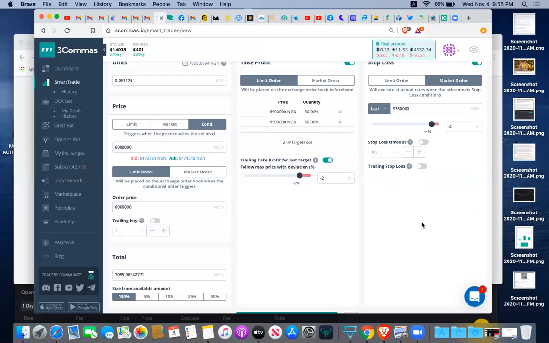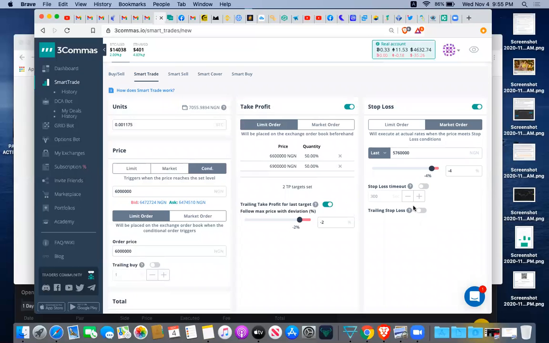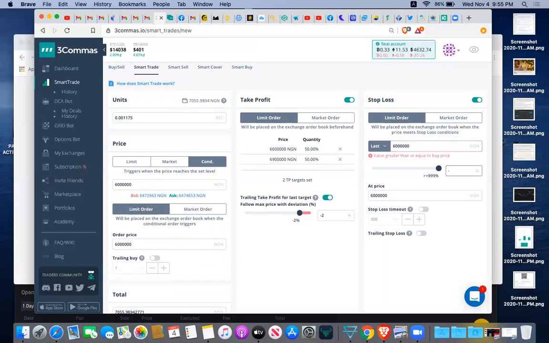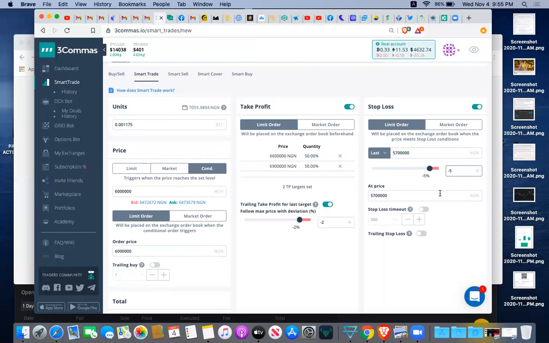Okay. Now, stop loss. I love this too. I use trailing for this stop loss too. Okay. Why? When I use it, look at what I do there. Okay. Say markets stop loss by, let's say, by 5%. Now you now activate trailing. Love trailing.